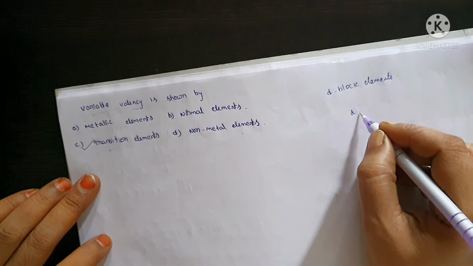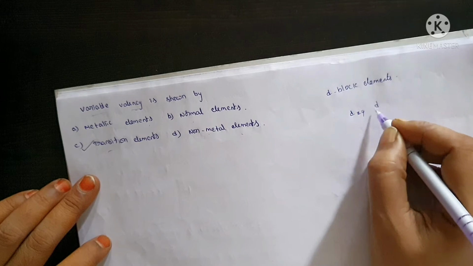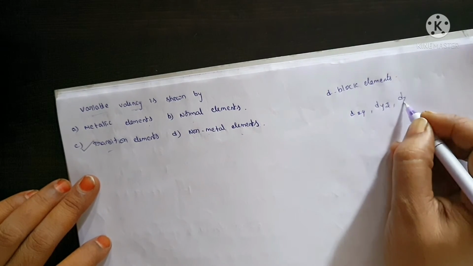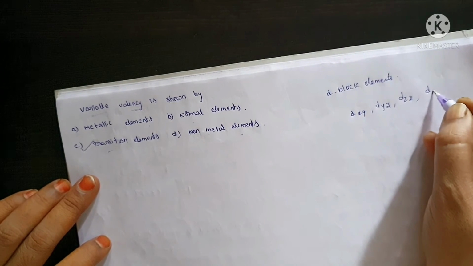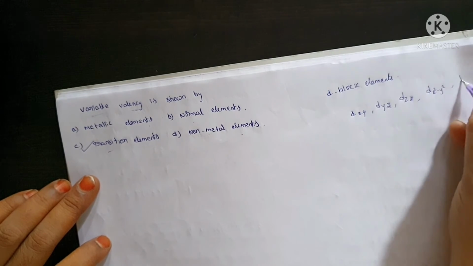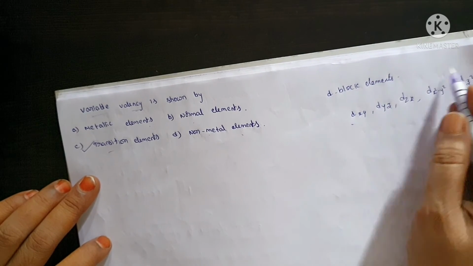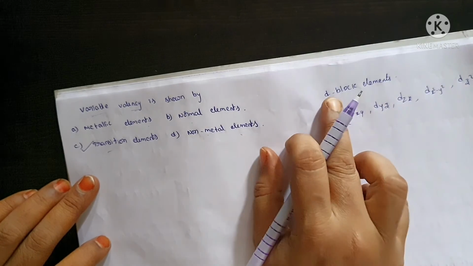Those are 5 d subshells: dxy, dyz, dzx, dx square minus y square and dz square. These are the degenerate orbitals for the d orbital.